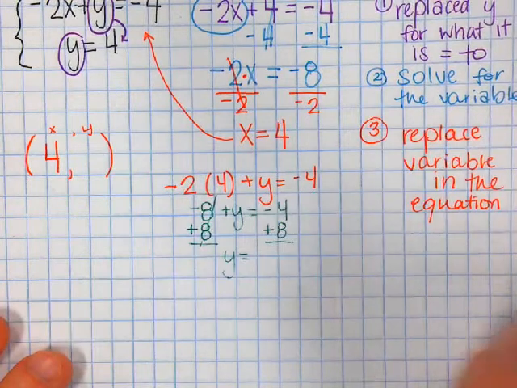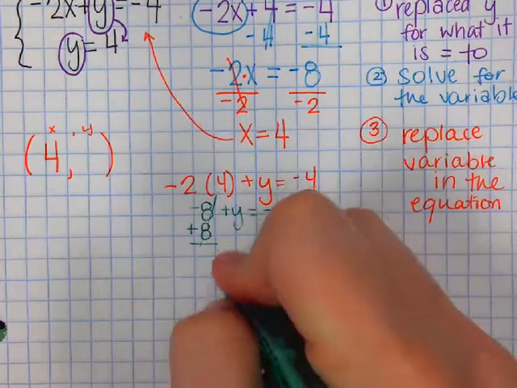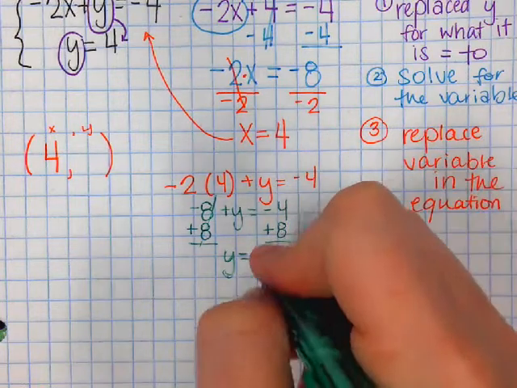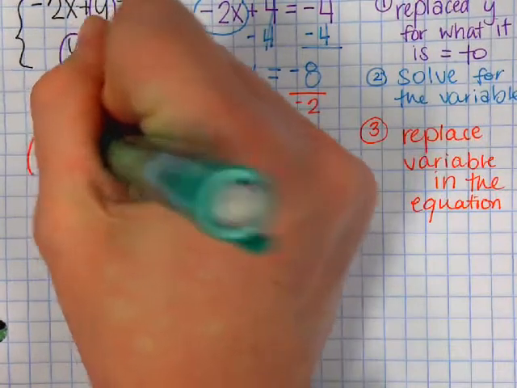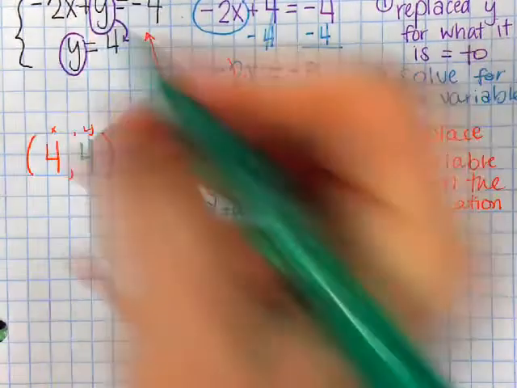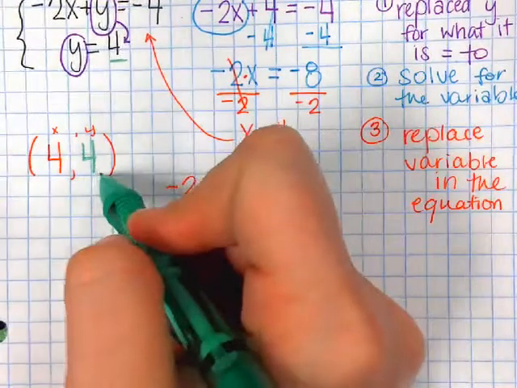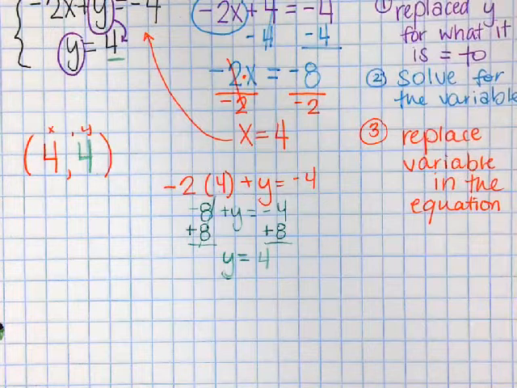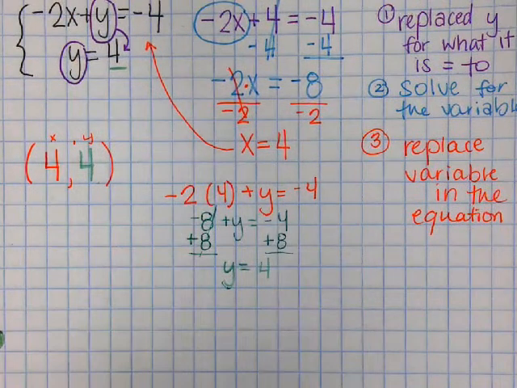So then y equals, if I owe you $4 and I give you 8, I gave you 4 extra. So then my y value is also 4. You can look and see right there, though, it told us y equals 4. So I really didn't have to do this step, but you will on most of these equations. So that's the first one.